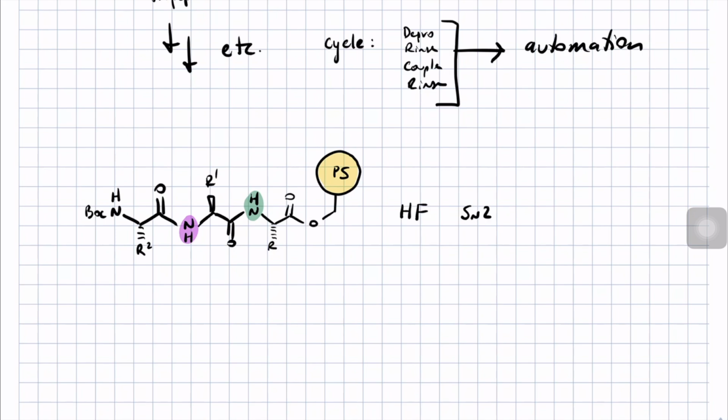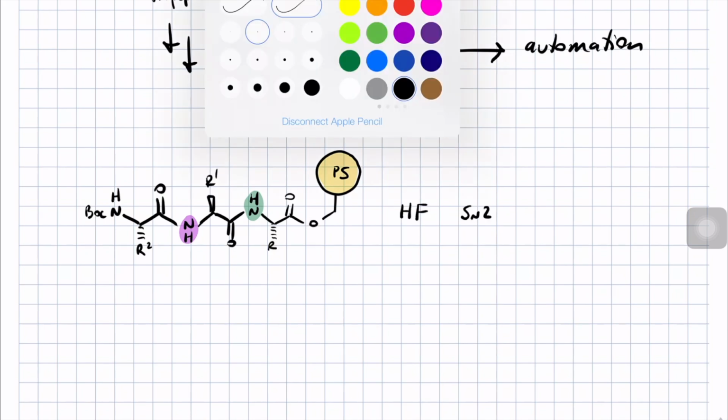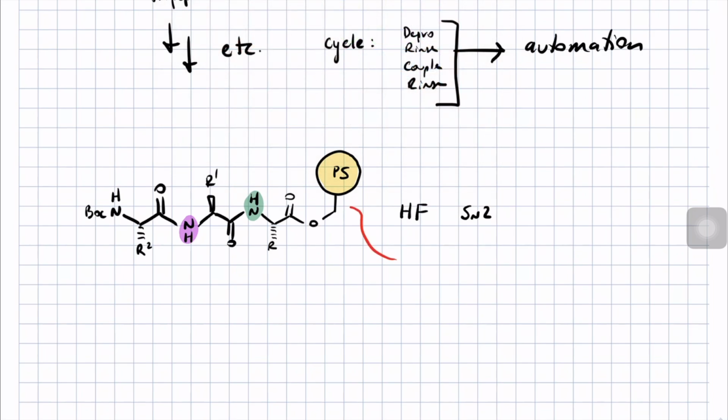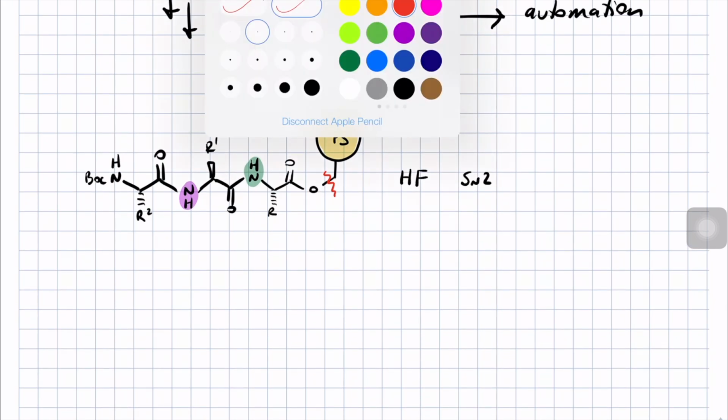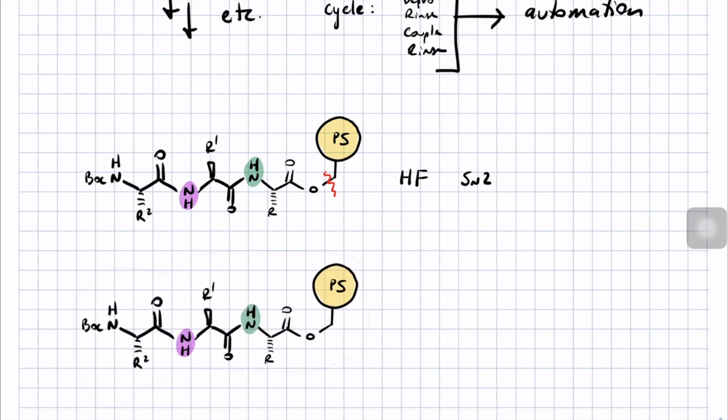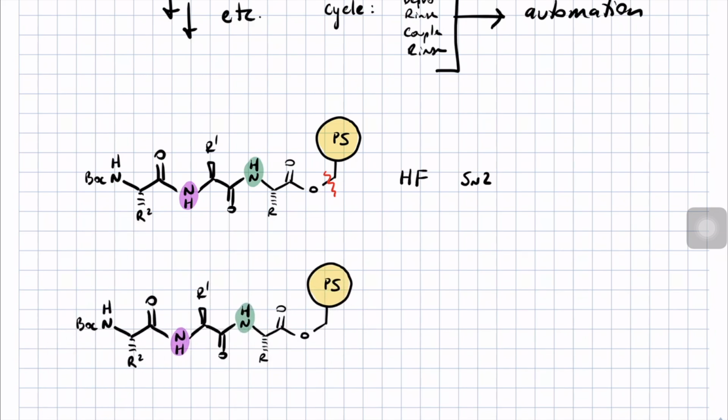Basically, the fluoride is going to come in as a nucleophile and attack here, and the carboxylate will leave and get protonated, probably by the HF. In any case, HF cleaves this bond between the oxygen and the benzylic carbon, and it releases the peptide.